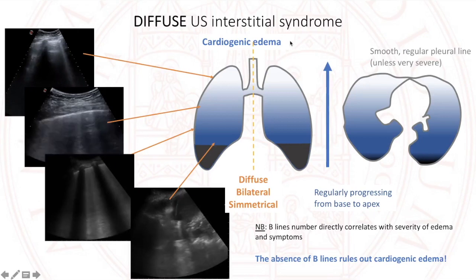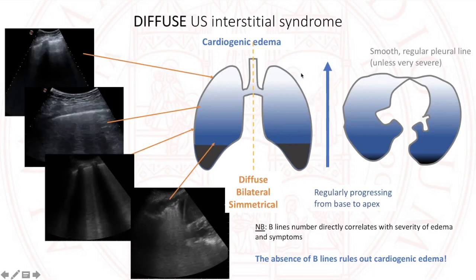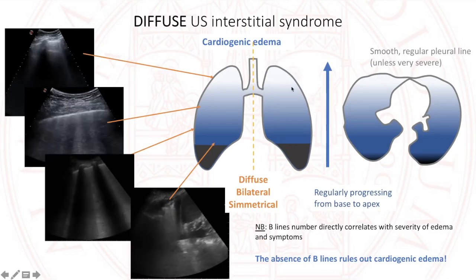In cardiogenic edema, the involvement of the lungs by the interstitial syndrome is quite typically diffuse, bilateral, and symmetrical. And it has a gradient, so it is more severe at the base of the lungs, and it is reduced as we reach the apex of the lungs.